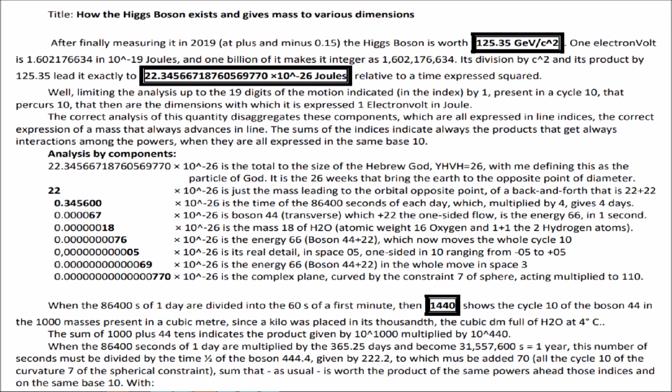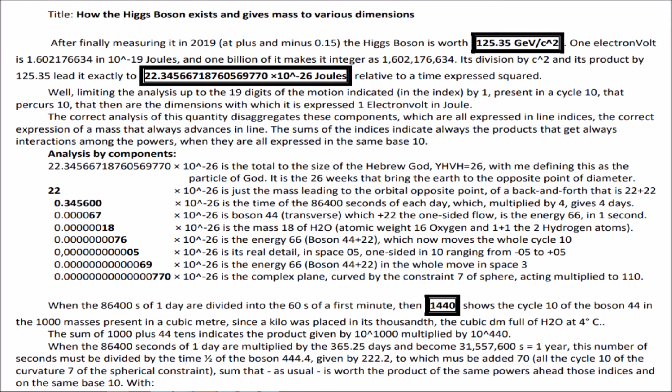Afterwards 69 times 10 to the power of negative fourth of the atomic units, multiplied by 10⁻²⁶, is the energy 66, boson 44 plus 22, in the whole move in space 3. Afterwards 770 times 10 to the power of negative seventh of the atomic units, multiplied by 10⁻²⁶, is the complex plane, curved by the constraint 7 of sphere, acting multiplied to 110.